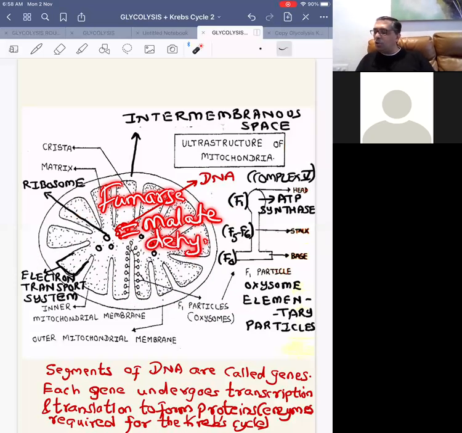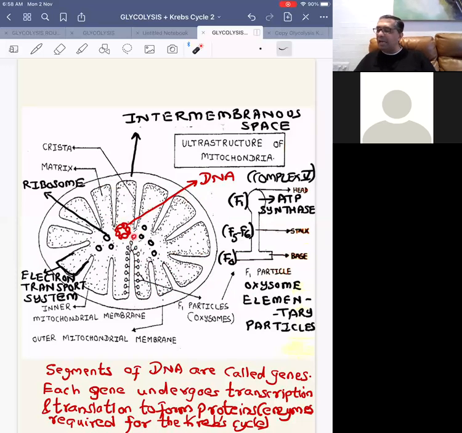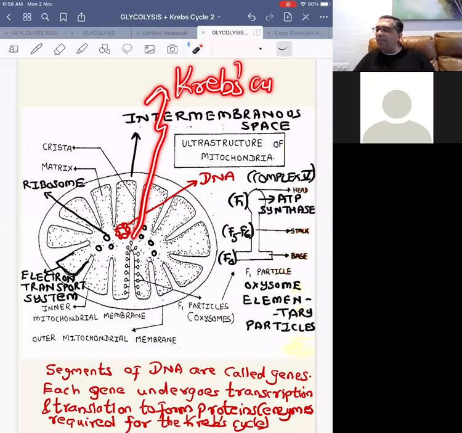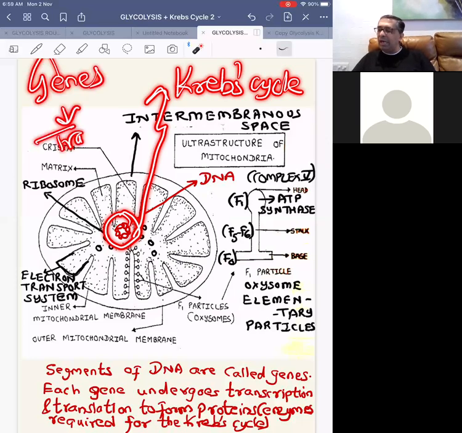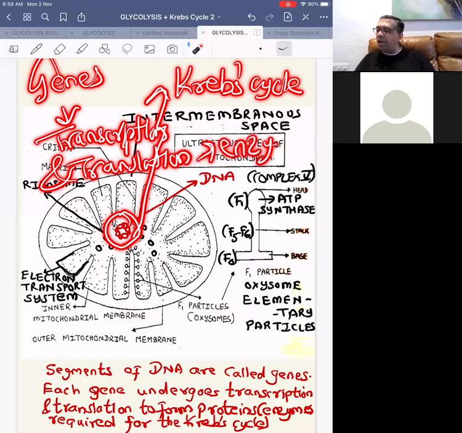In other words, कौन से enzymes बनेंगे? All the enzymes which are required for the Krebs cycle. So Krebs cycle enzymes are made with the help of DNA by genes which undergo transcription and translation. ट्रांसक्रिप्शन एंड ट्रांसलेशन से सारे एंजाइम्स बनते हैं and it will form enzymes which are required for the Krebs cycle.